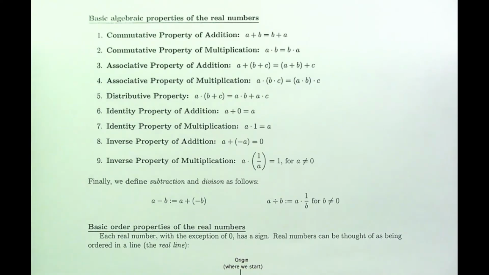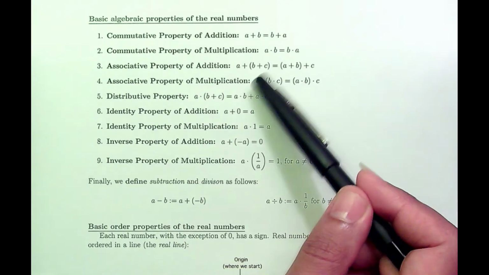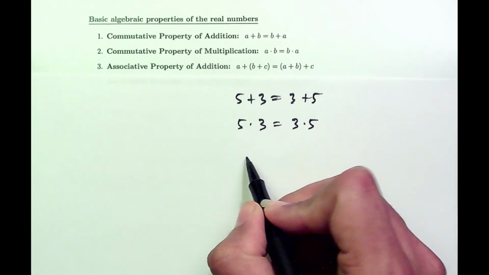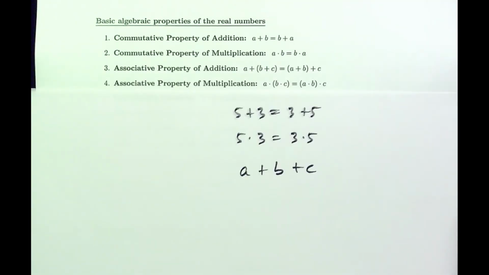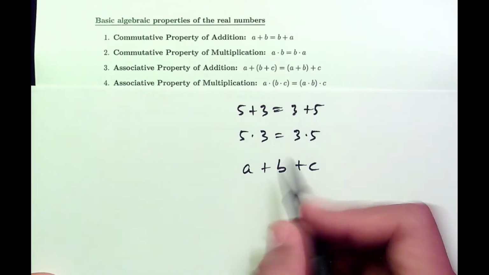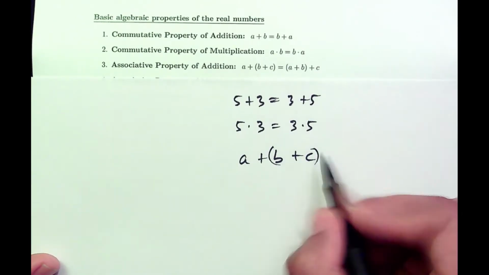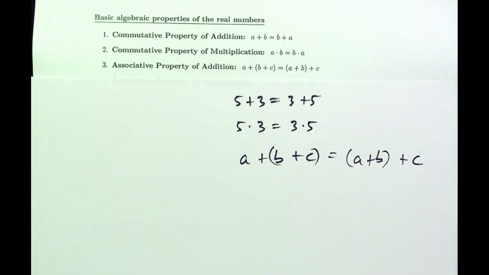The associative property of addition means that if everything is being added together, then you can move parentheses around. The order does not matter. So if I have three numbers that I'm adding together, A plus B plus C, then if I add the last two first and then add A, that's exactly the same thing as if I add the first two first and then add the third one.